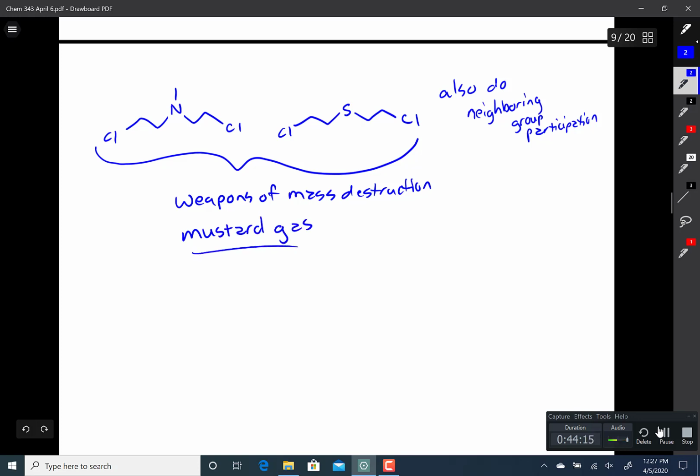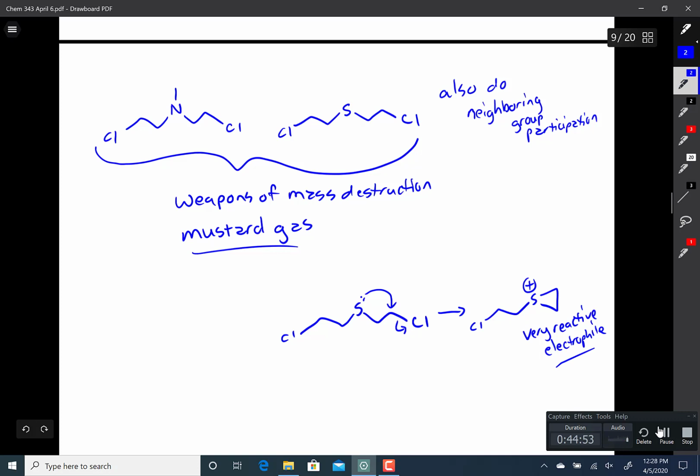They're often referred to as mustard gases, simply because of this internal reactivity that makes this electrophile very reactive.